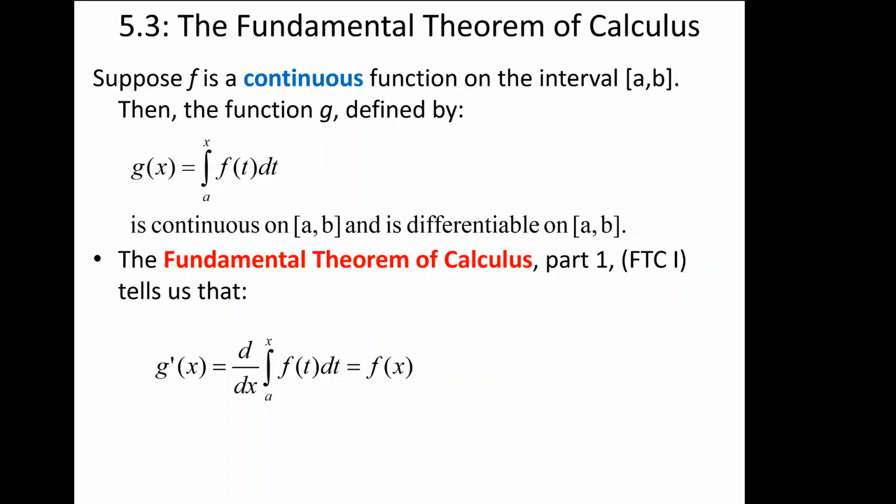Now this statement, I'll put this in words: d by dx is the derivative of what comes next, the antiderivative of f of x, is giving us just the original function.